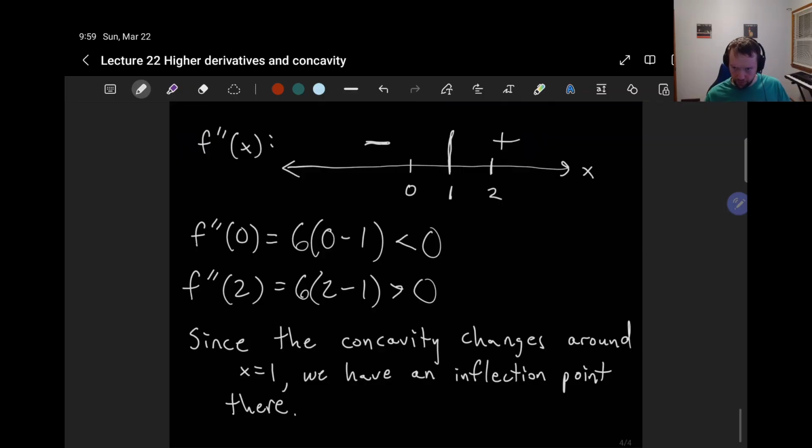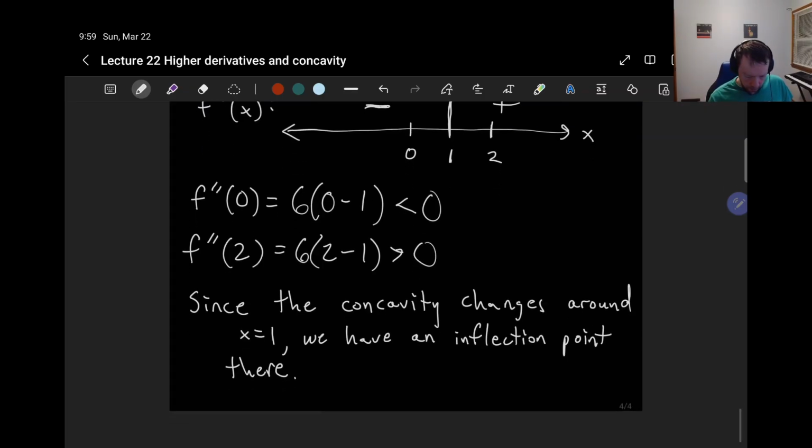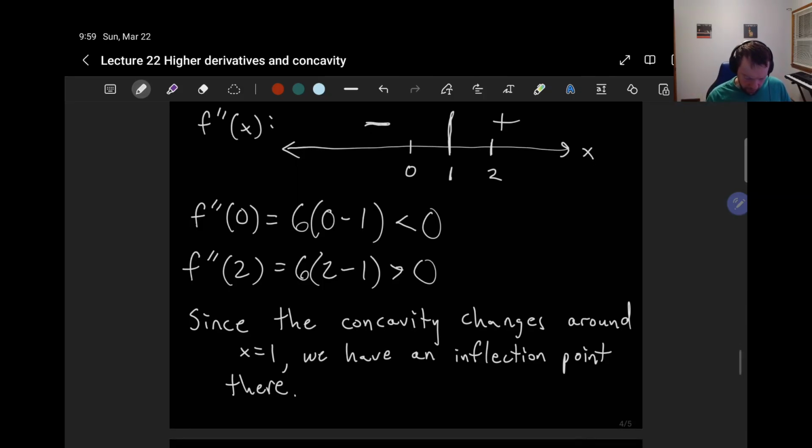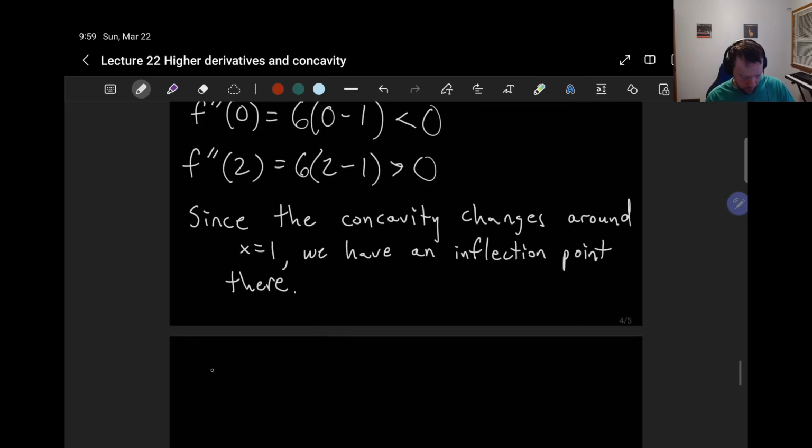All right, so we found our inflection point. And we know that since the second derivative is negative over here, that means my function f is concave down. So from negative infinity to 1, f is concave down.